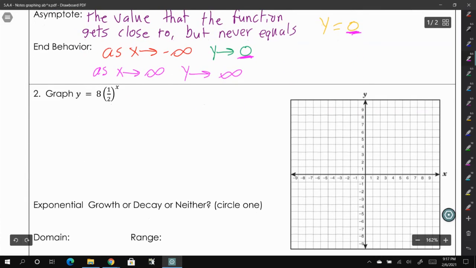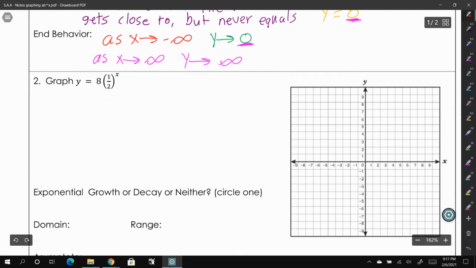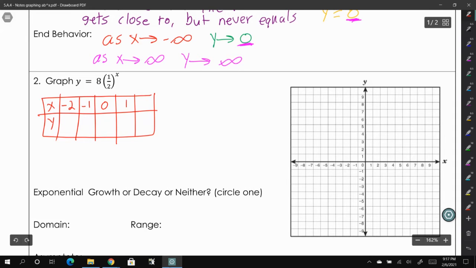So let's look at the next one. We'll start with our table. xy and our x, -2, -1, 0, 1, 2. We'll start with 0, 1. Our growth rate, or the b value, is 1/2.